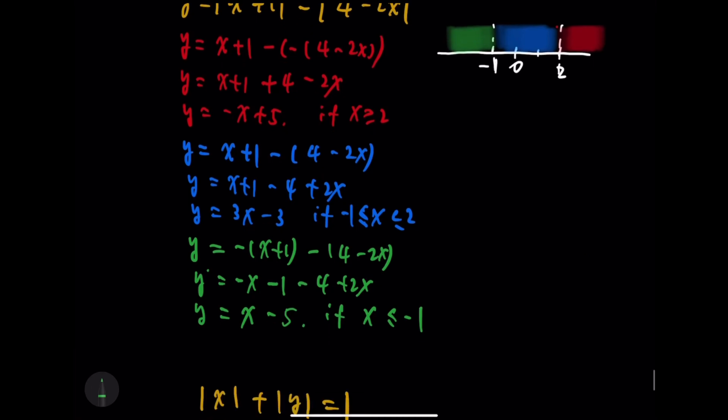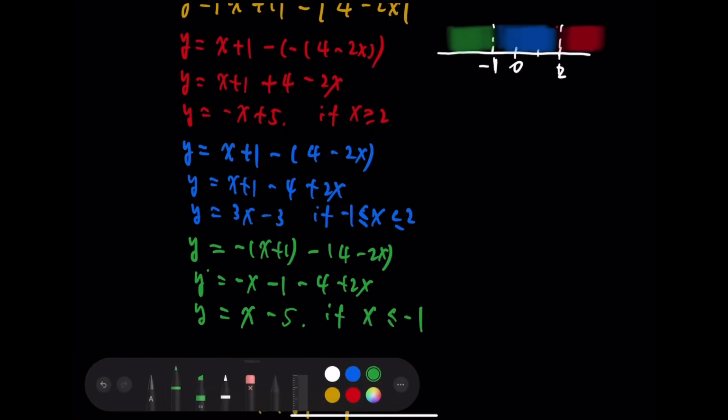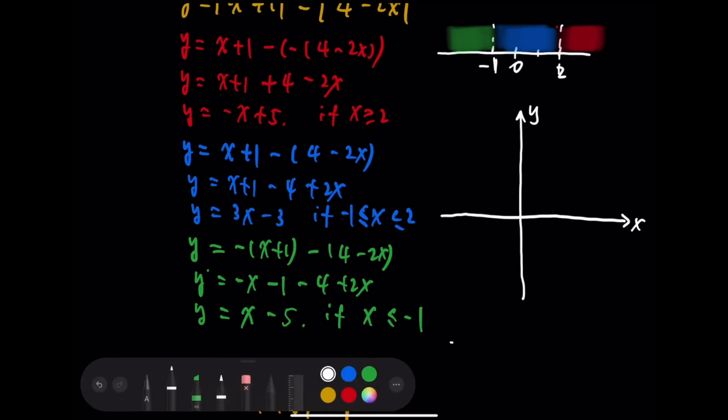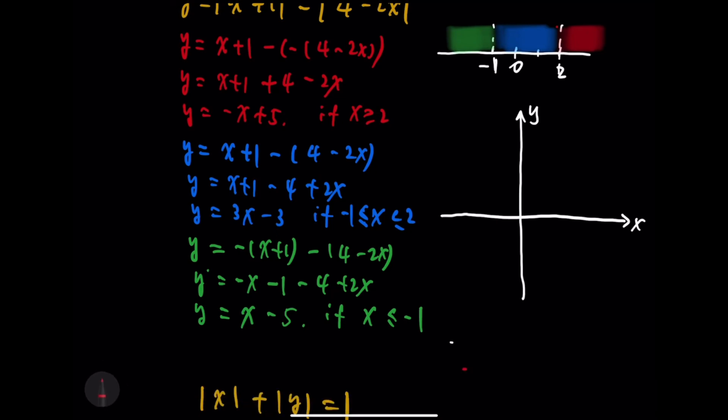So I'm going to draw on the number plane to see how the curve looks. The first piece is y equals negative x plus 5. Since it's the red case, I'm going to draw in red.